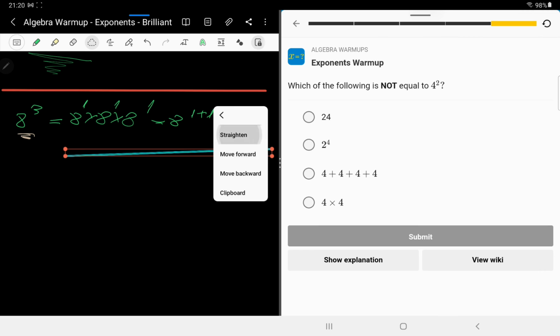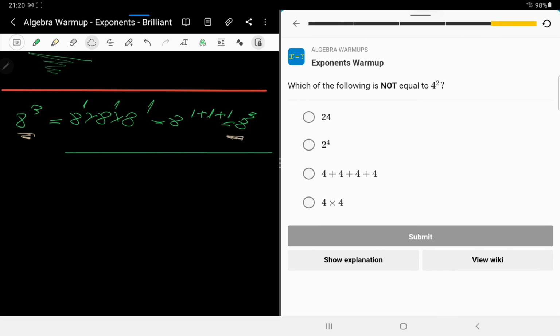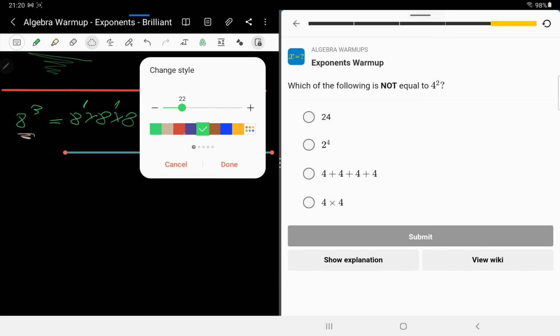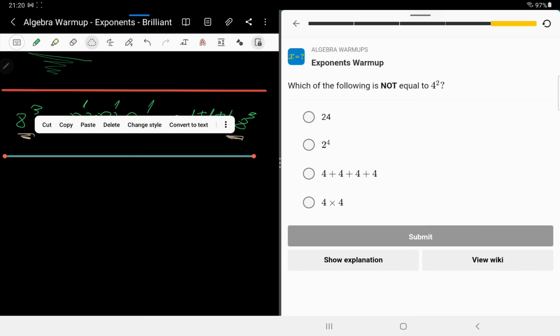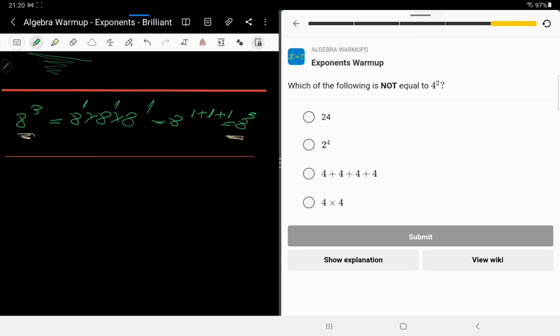First off, we select it, then we change the style, make it red. Done. We select it again, make it longer, even longer. Should be enough. Okay, now good to go.